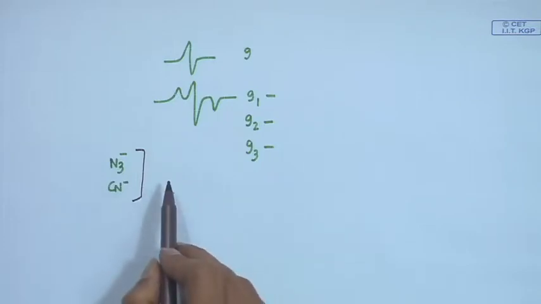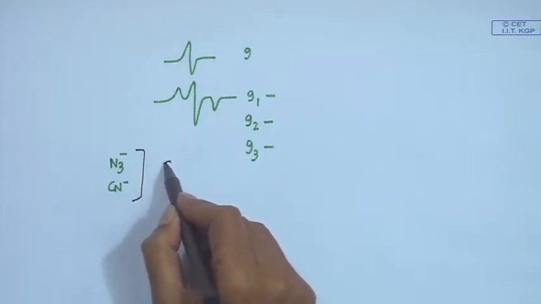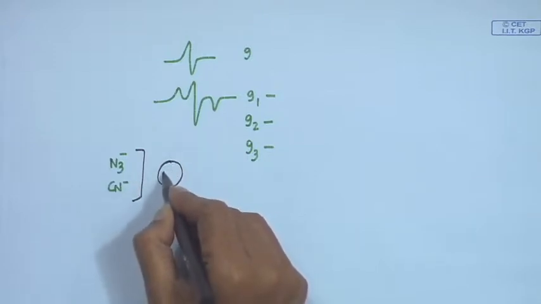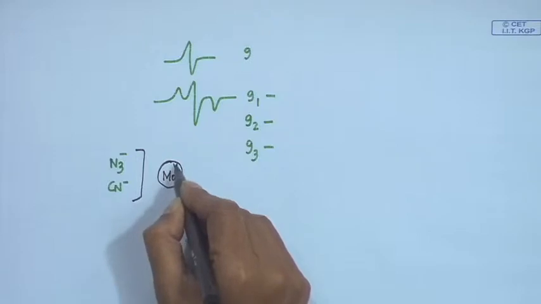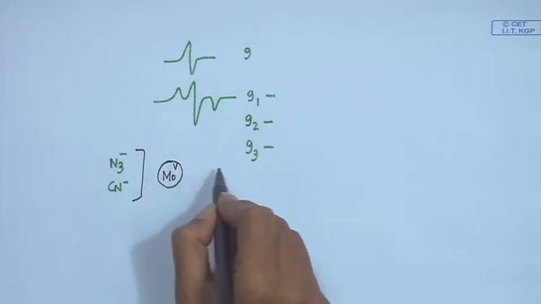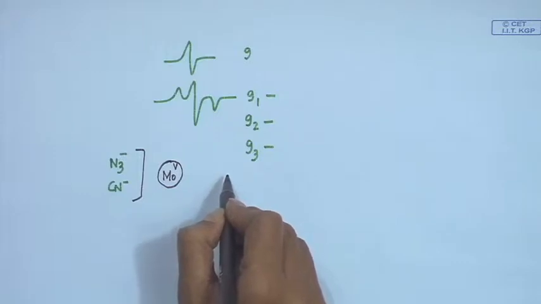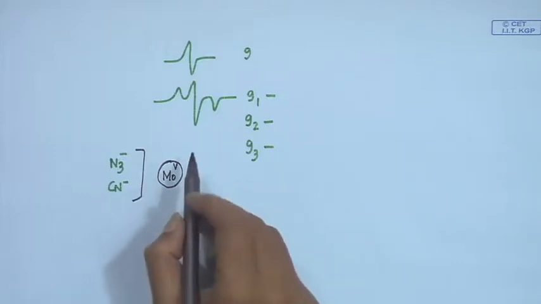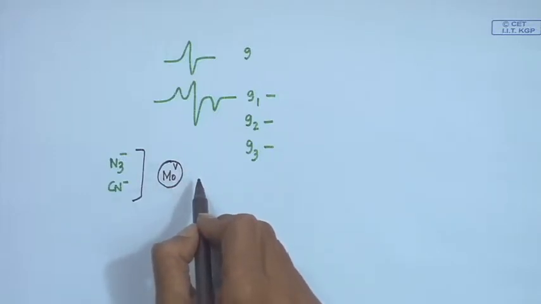So, if we consider that it is going from some intermediate, so an intermediate is involved, which is our molybdenum 5. So, this molybdenum 5 is an intermediate which is going for completion of the catalytic reaction for the degradation of the formate anion.